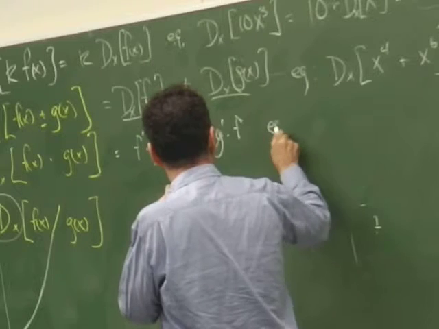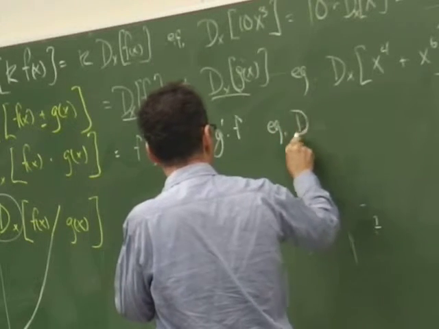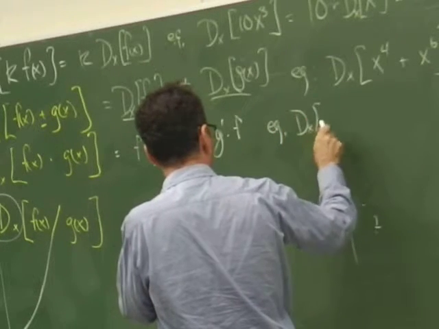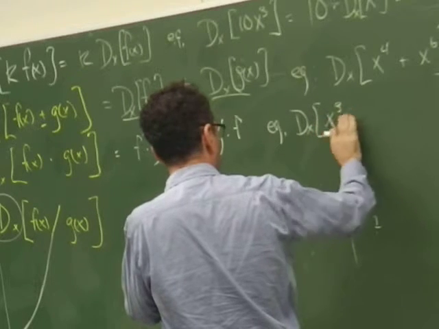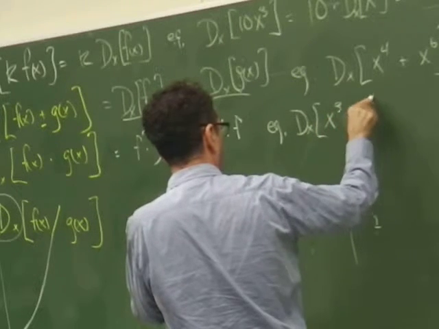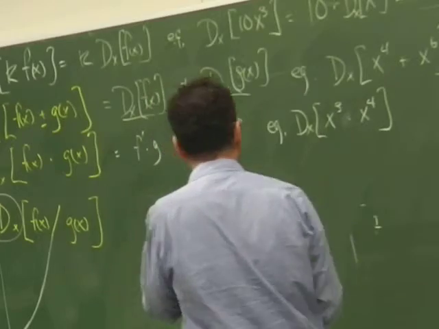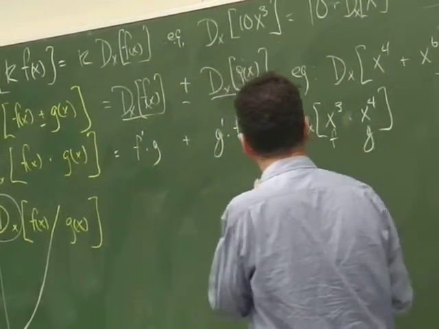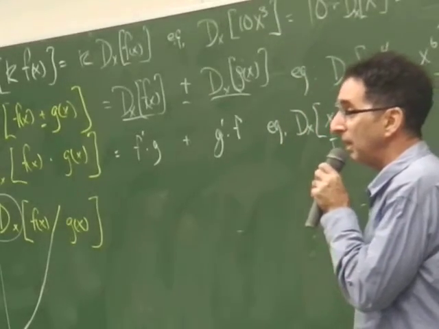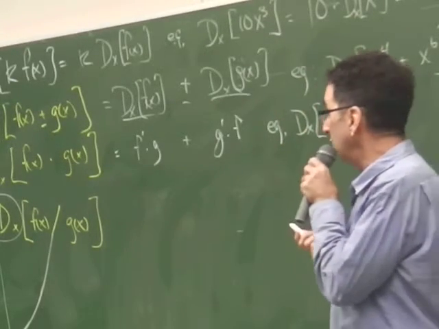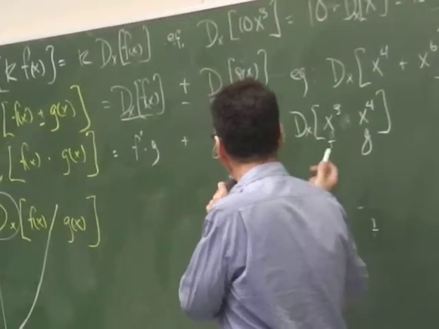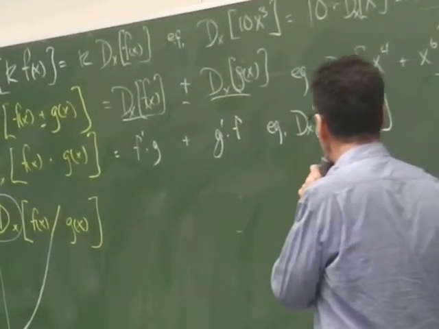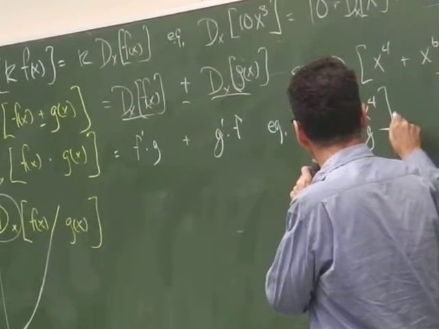And an example of that one would be the derivative of x cubed times x to the fourth. Now we could treat this function as f and this one as g, though we don't have to. We could just multiply the two together and then we don't need any rule like this.